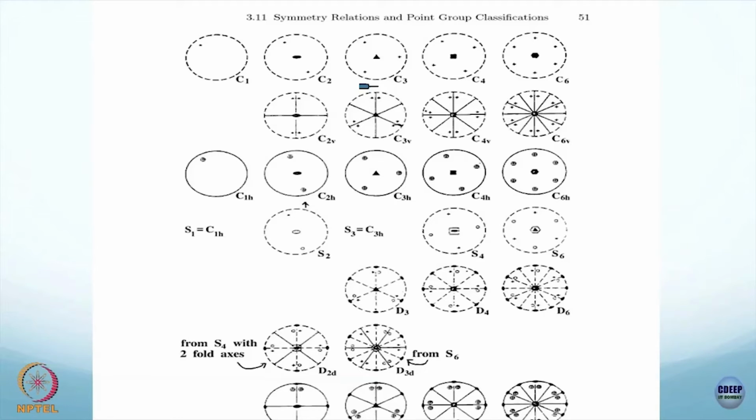S6 again will be similar, but with 6-fold axis symmetry. And D3 I have already discussed, and then you can also have diagonal planes, which is what is being discussed here. So, I will leave it to you to check some of these things and play around a bit.